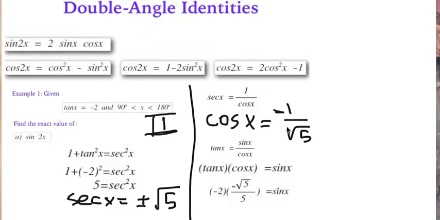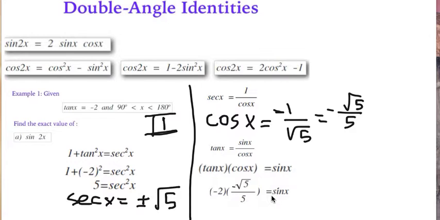Actually, this is exactly minus square root of 5 over 5. So simplify this to get the value of sine.